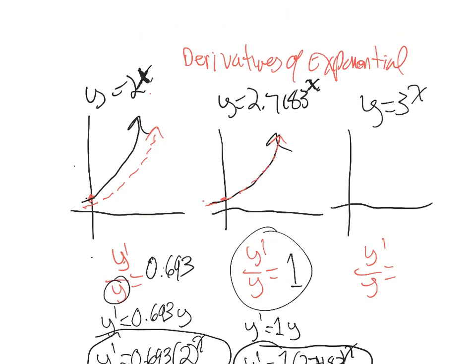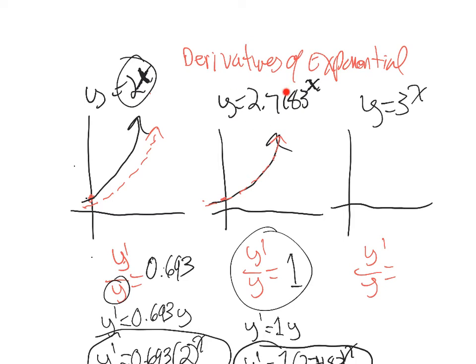Now, if we look at a pattern here, when you have 2 to the x, the derivative is below. Then when you have 2.7183 to the x, the derivative and the original function are equal. So what's the pattern here? It's below, then it's equal. If I now go to 3 to the x, what's going to happen?